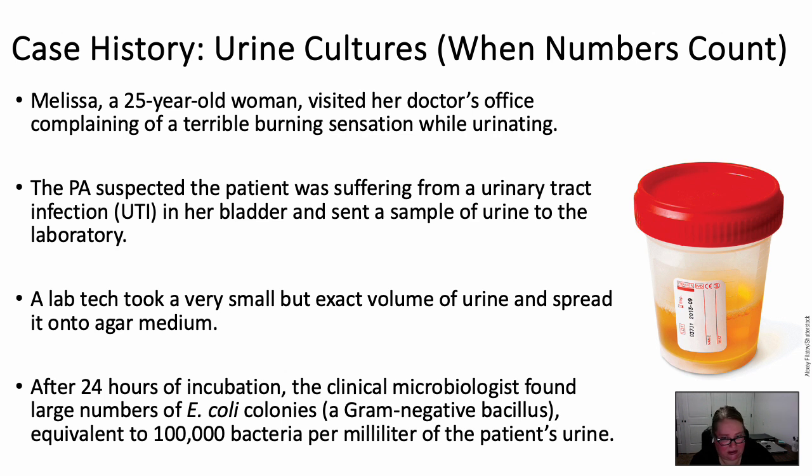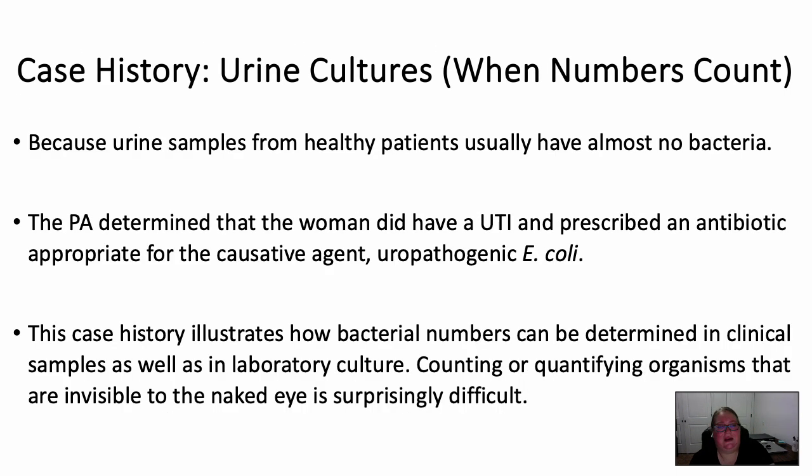This is a pretty high number. This is not good for Melissa. This is bad. Especially because urine is one of our sterile sites. We've talked about cerebrospinal fluid quite a bit and how there should be no bacterial growth in it normally. It should be clear. Your urine is also a sterile site like CSF. So there should be little to no bacteria in your urine.